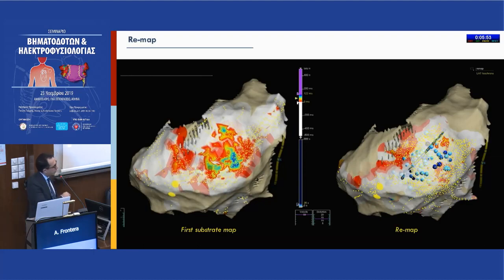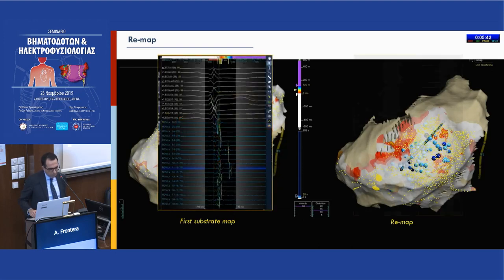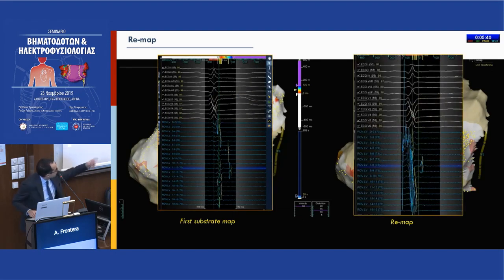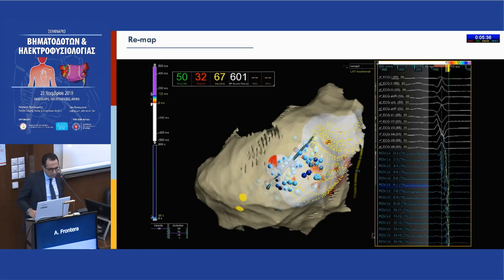And then we did a remap, you see. So this is the first map, this is the second map. You see there is a change, but there is still some area of late potential. Also with the signal, there is still some signal present. So we ablated more until we have this abolition of the signal.